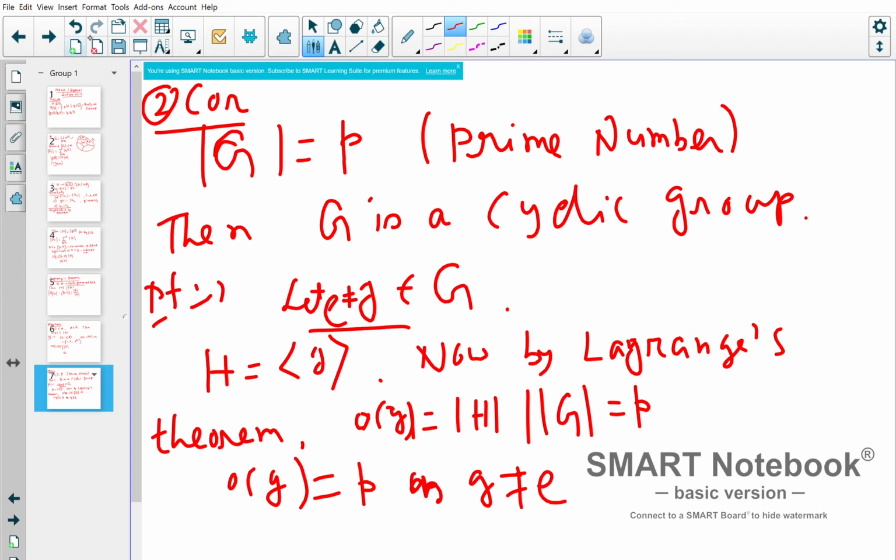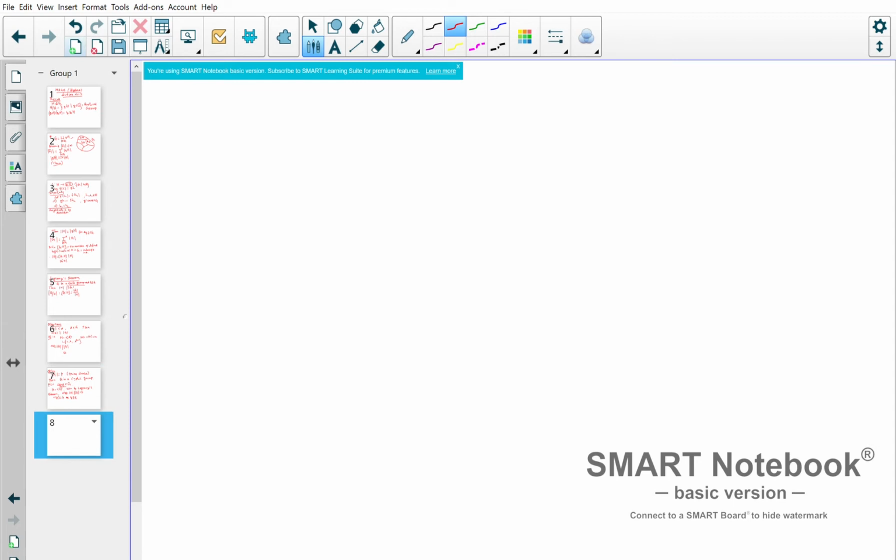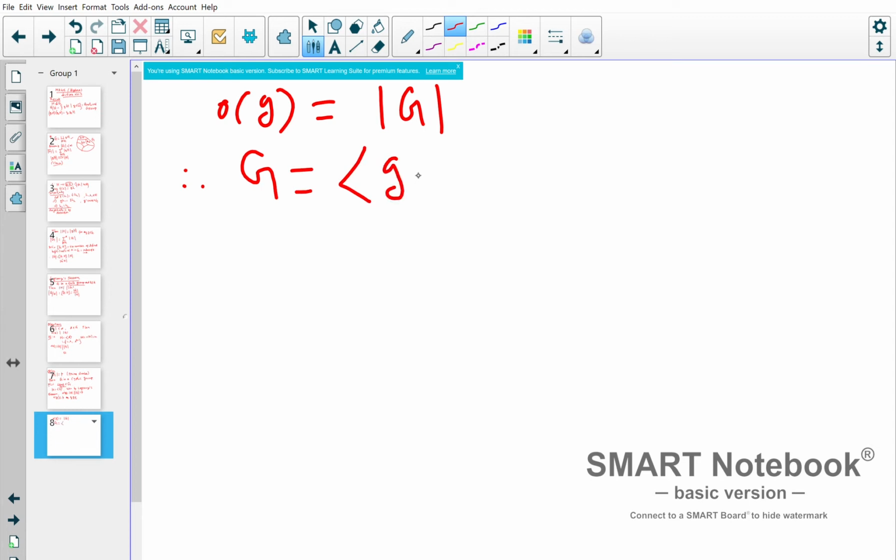That means these non-identity elements have order p. So the order of the element is exactly the same as the order of the group. Clear? And hence this group G is generated by a single element. They have the same number of elements, right? And one is after another, so done.